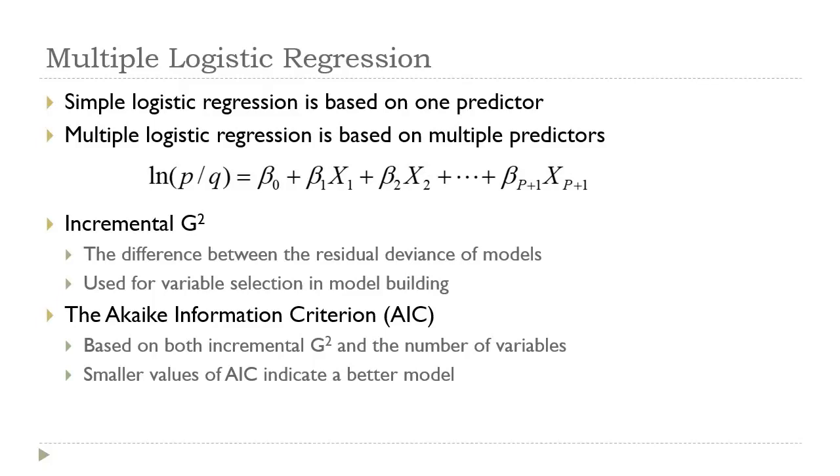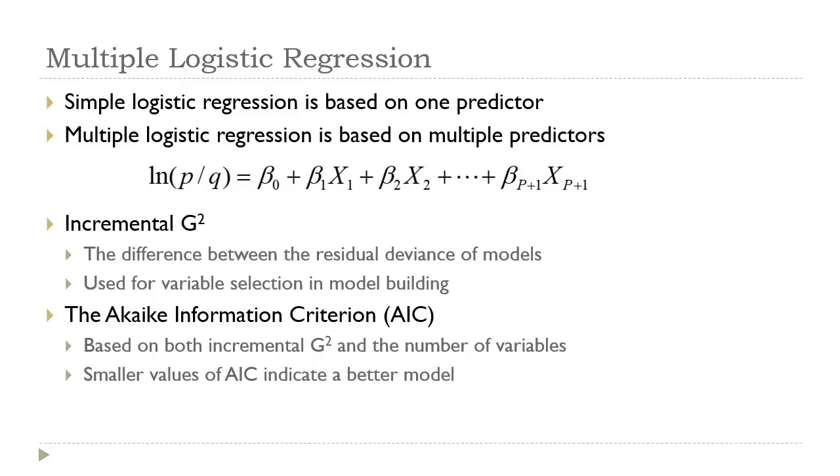If G-squared changes a lot when we remove a variable, that means that variable's important. But it gains in importance if we have few variables in our model. So it helps us play that balancing act between adding variables but trying to keep a parsimonious model. Smaller values of AIC indicate a better model.